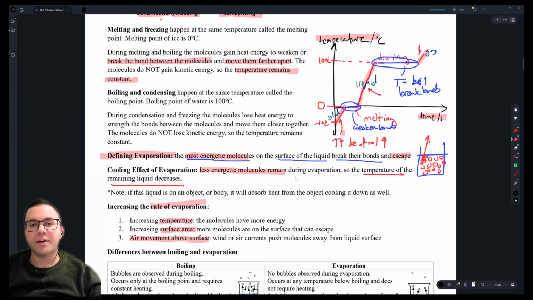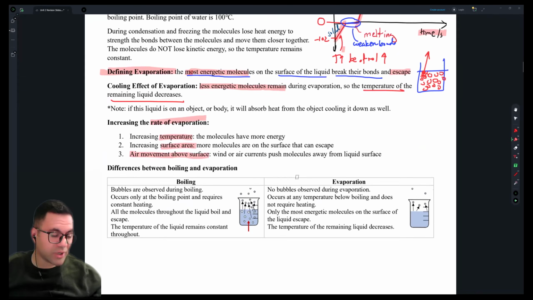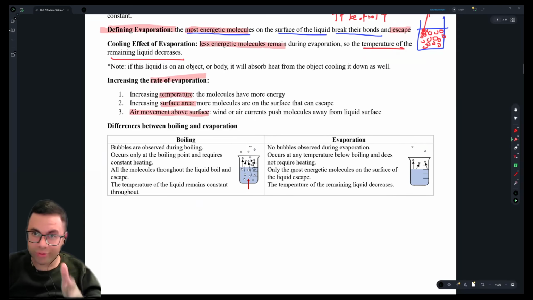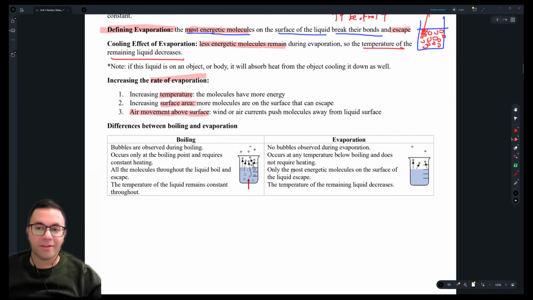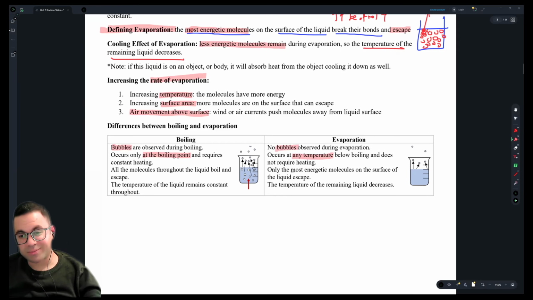Okay. If I ask you what's the difference between boiling and evaporation? They're both from liquid to gas. One, evaporation happens at any temperature, whereas boiling only starts at the boiling point, so 100 degrees for water. This one is basic, but you see bubbles during boiling, but you don't see bubbles during evaporation.